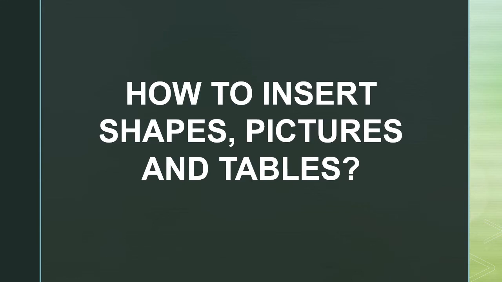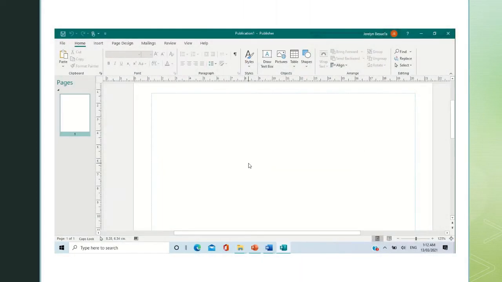How to insert shapes, pictures, and tables. Okay, so we have here our MS Publisher. So we have this page here, and what we are going to do is to insert different objects in our MS Publisher. Last week, we already discussed how to insert text box.